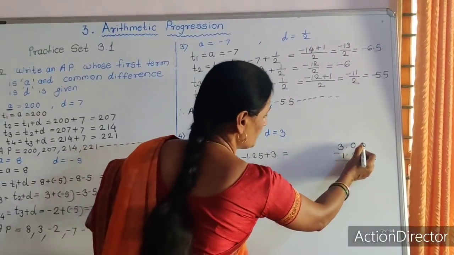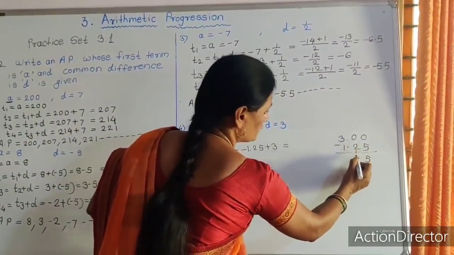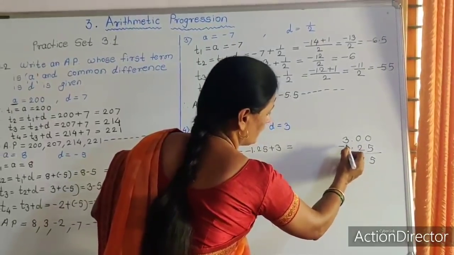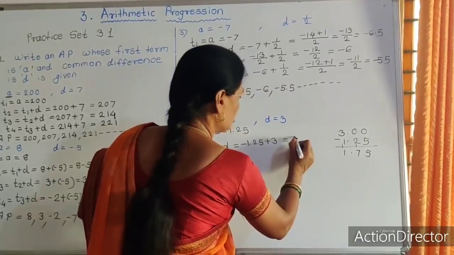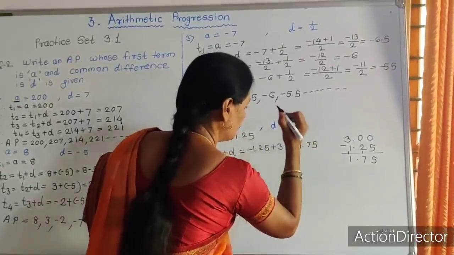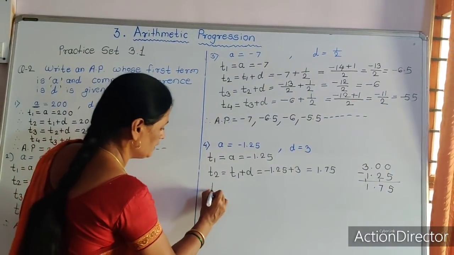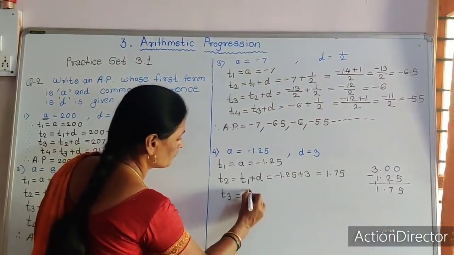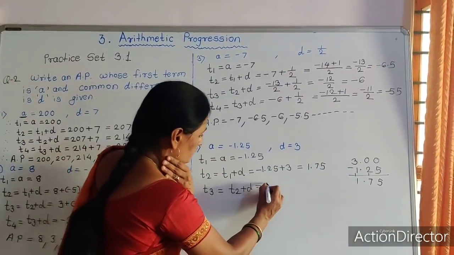Therefore, look here, 10 minus 5 is 5, 10 minus 3 is 7 and here 3 minus 2 is 1. Here it becomes 1.75.